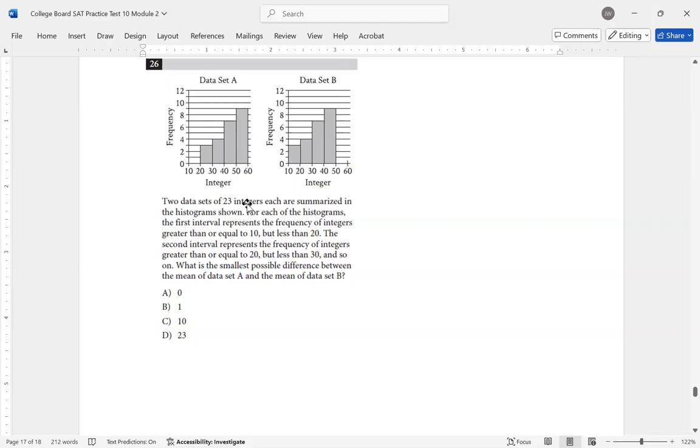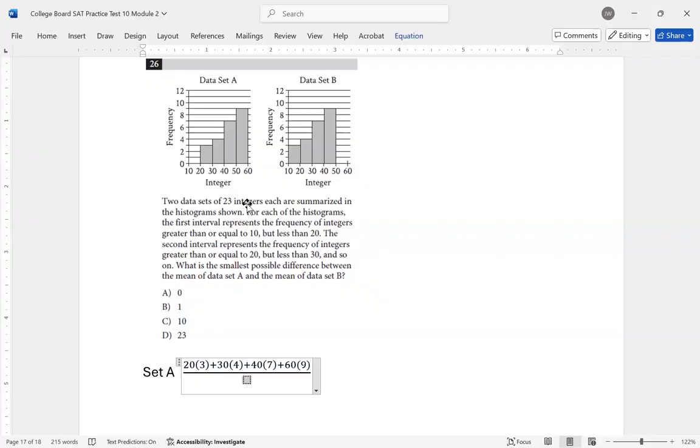So we could, in data set A, have a mean, which is 20 occurring 3 times, plus 30 occurring 4 times, plus 40 occurring 7 times, and 60 occurring 9 times.